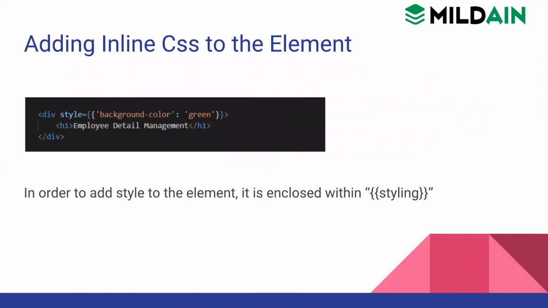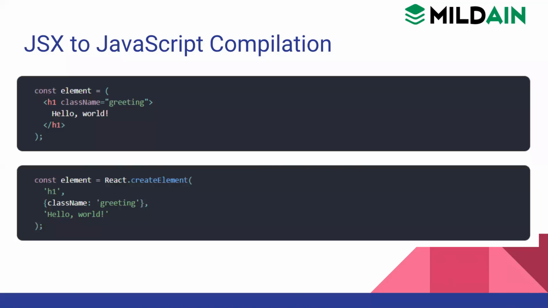Another way to add style is inline style, wherein you put inside double curly braces a background color equal to green, and the div comes out green in color. Then we talked about JSX compilation, and why people would go for JSX rather than native JavaScript.